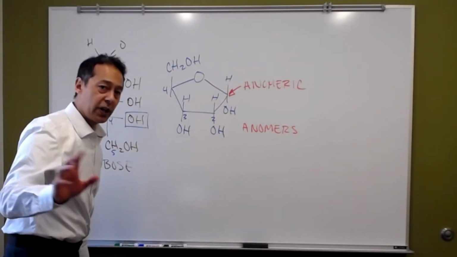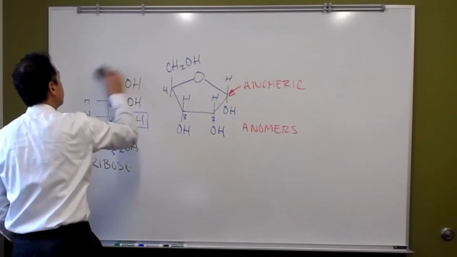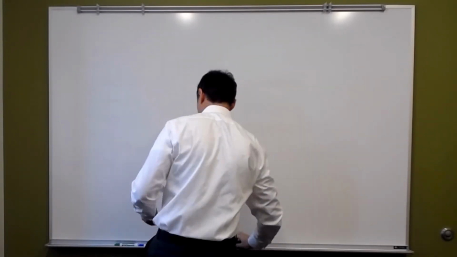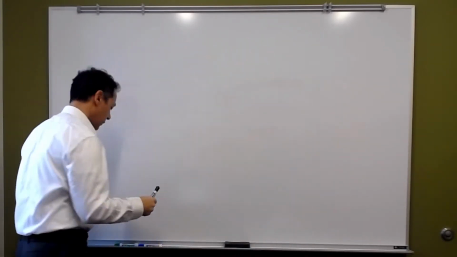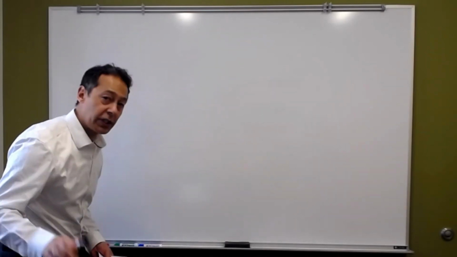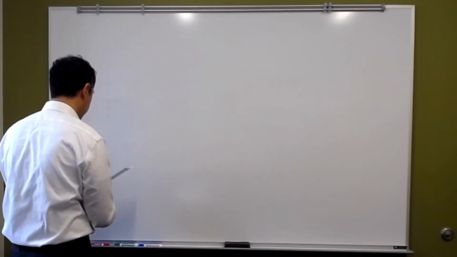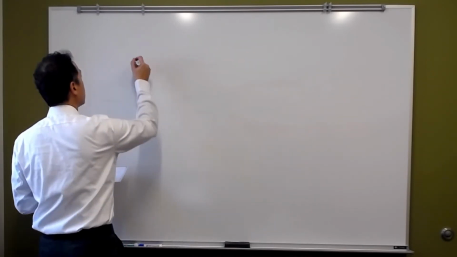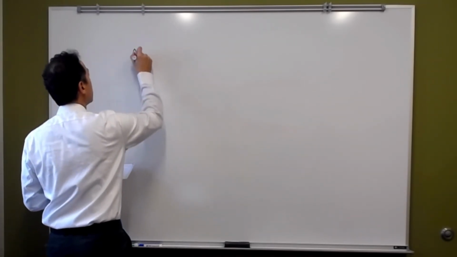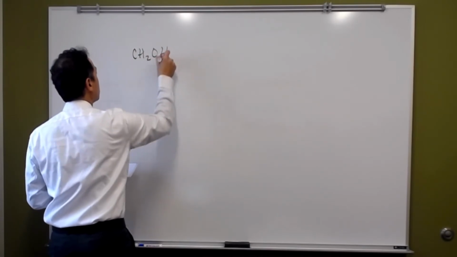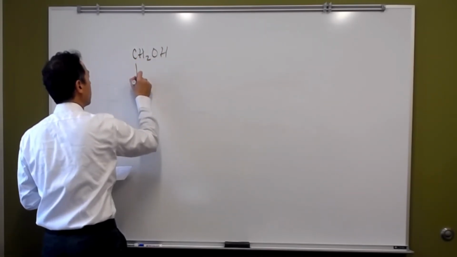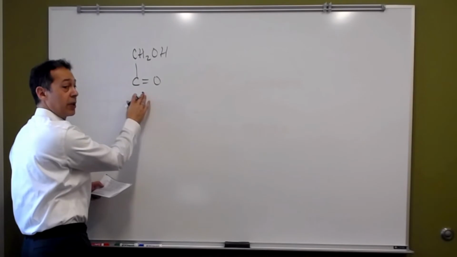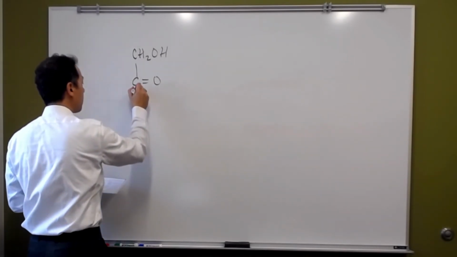I'm going to give you one other example. This one we're going to take a look at fructose. Fructose has a Fischer projection that looks like this. CH2OH, and then here we'll have our carbonyl group.